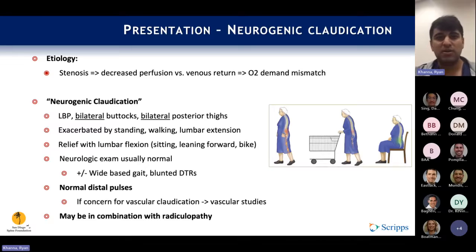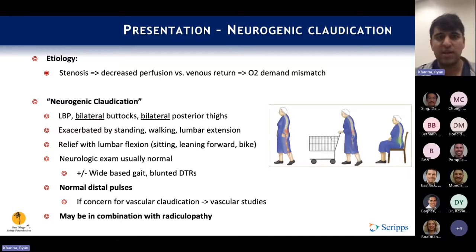So how does neurogenic claudication present? The etiology for it, and some people call it pseudoclaudication as opposed to the traditional vascular claudication, is that when you get stenosis or impingement of the thecal sac, you're also impinging the epidural veins and the arteries that supply the nerves.